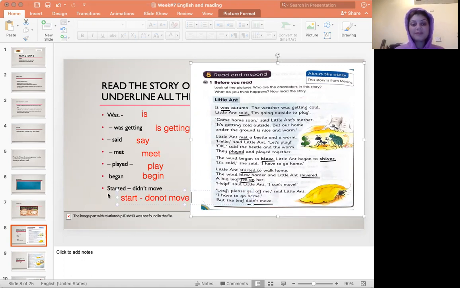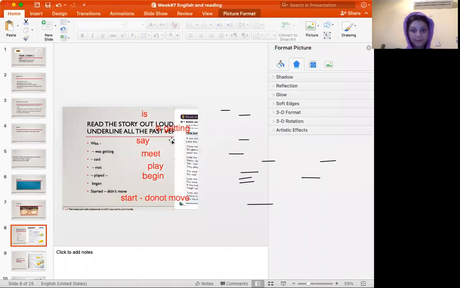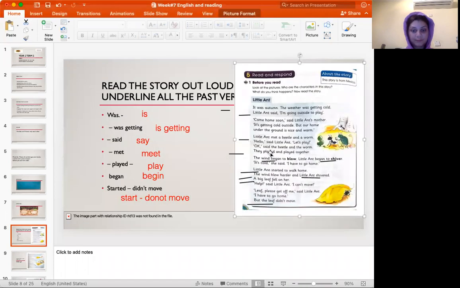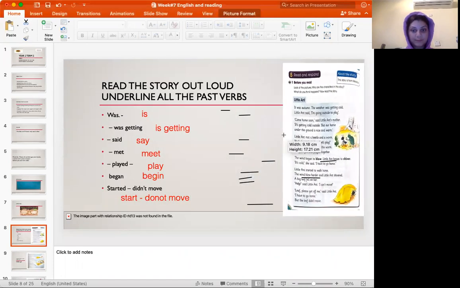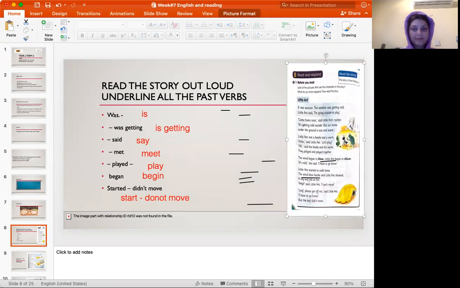Okay? So all of these verbs are in the past, but they are in the past in different ways. We have two types of verbs.